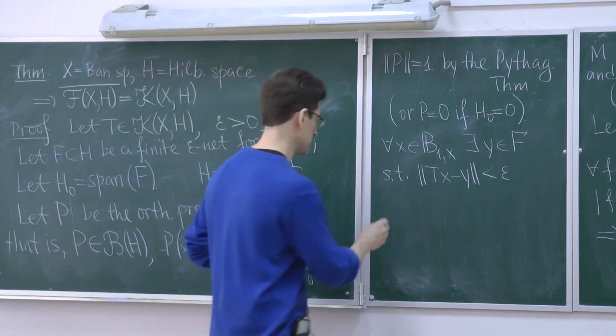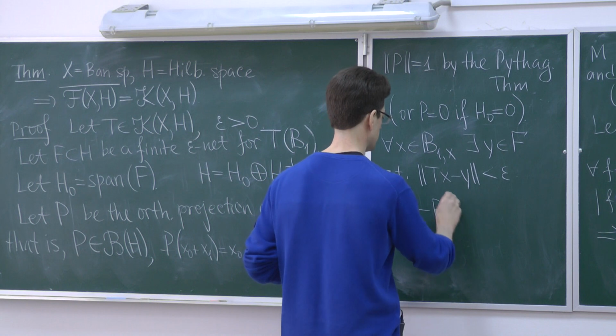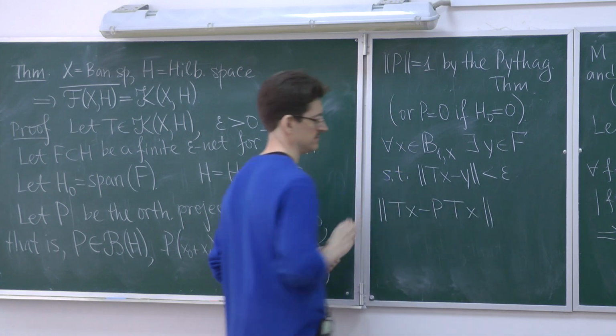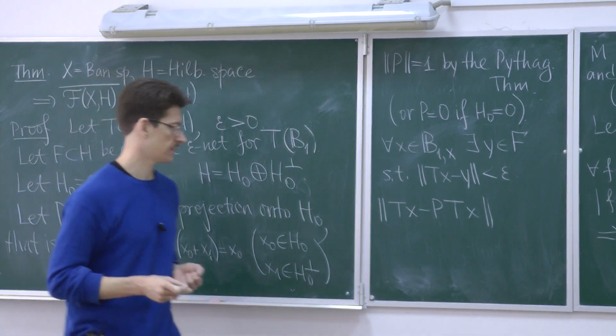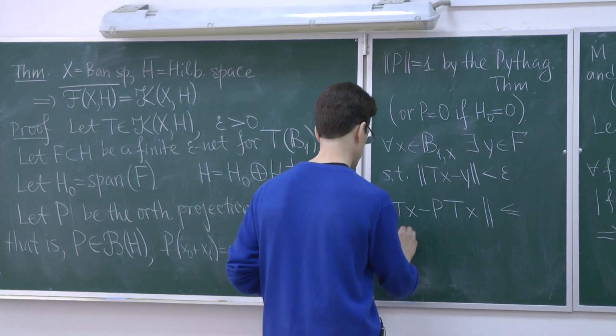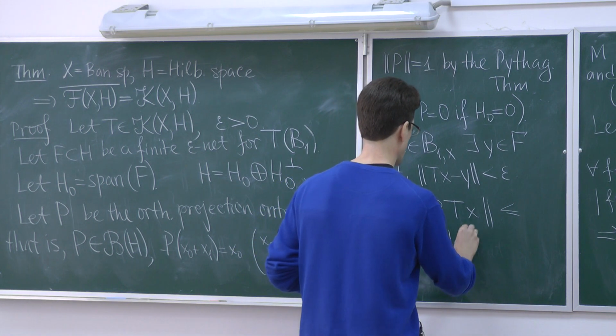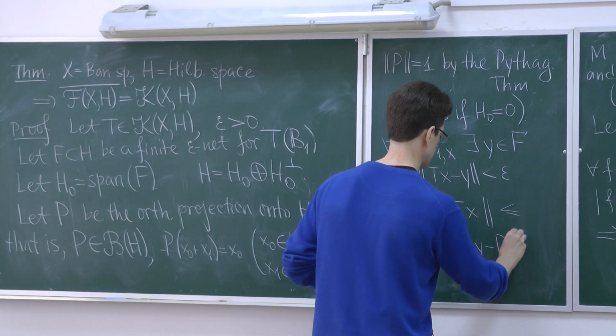And let's now try to calculate the distance between Tx and PTx. Well, by the triangle inequality, this can be estimated as follows. This is less than or equal to the norm of Tx minus y plus the norm of y minus PTx.